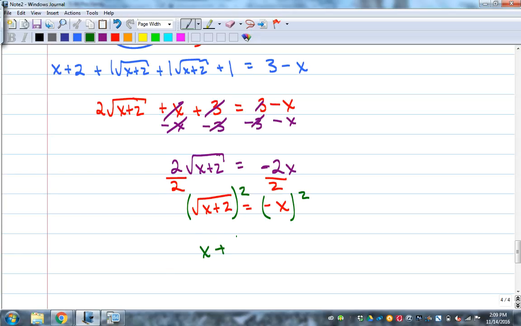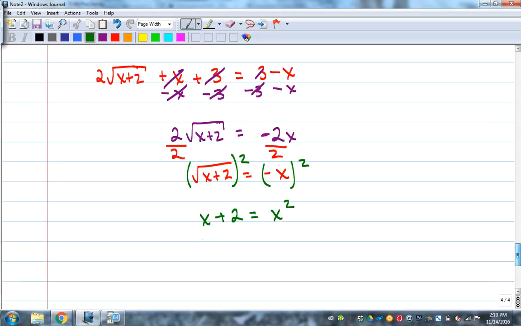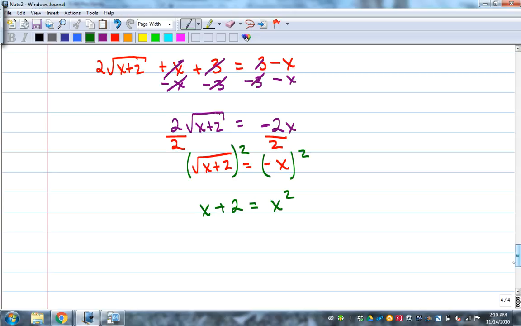Well, x plus 2 is equal to what? Is it negative or positive x squared? Positive. Anytime you square anything, it becomes positive, right? So negative x times negative x would be positive x squared. It's got an x squared in it, so that means it needs to be equal to 0 to solve. Okay.